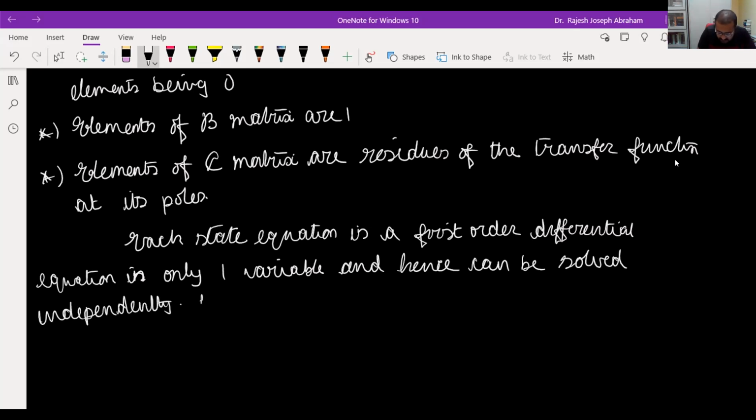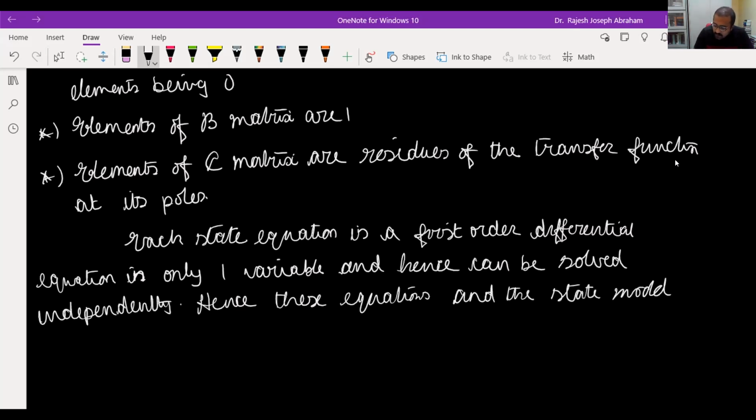Hence these equations and the state model are said to be decoupled.